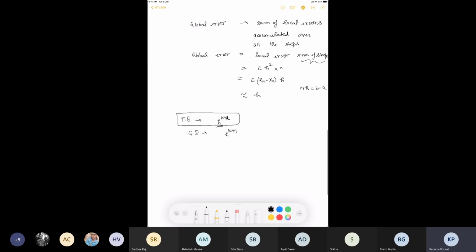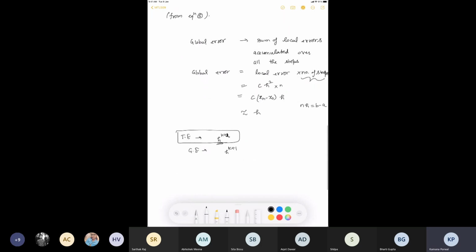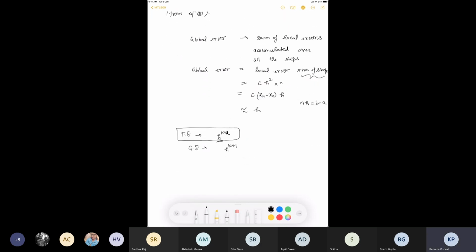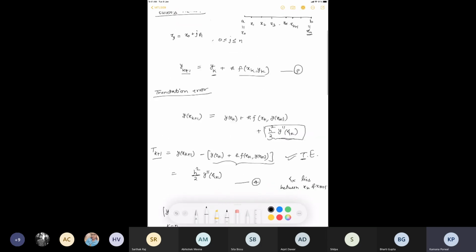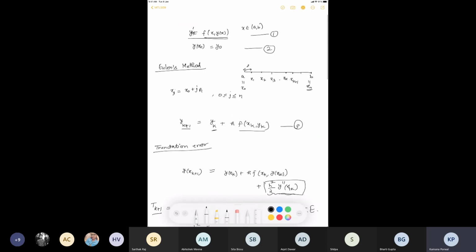All right, so here you can see the error for Euler's method. If you reduce the mesh size by half, that is, here each sub-interval has the length h, right? Now, if you do a further subdivision, suppose you get a new mesh with the length of the sub-intervals as h by 2, you will still be able to reach the same point b, right?